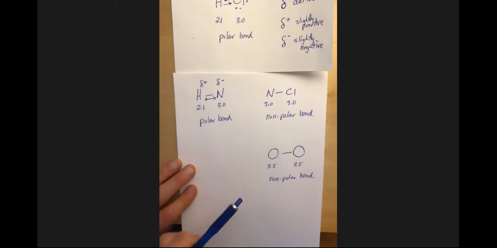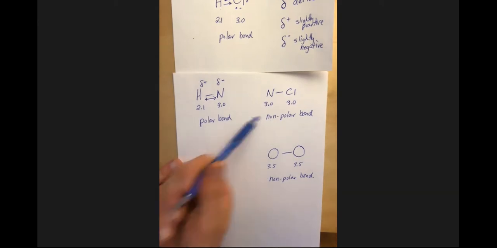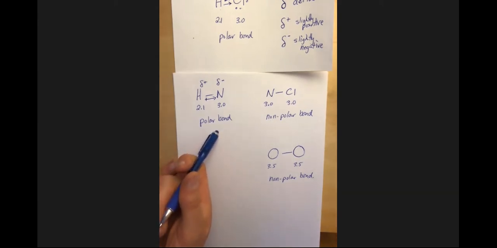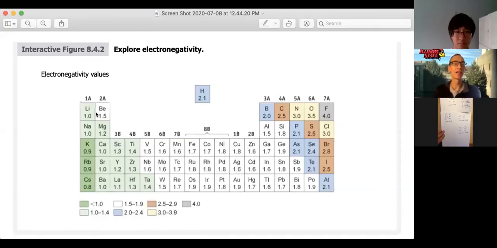Which makes me think, if we looked at some that are non-polar and we looked at some that are polar, let's look at some that are super, super polar. So if I share the screen here, and we bring up some electronegativity values, let's look at sodium attached to chlorine, sodium chloride.